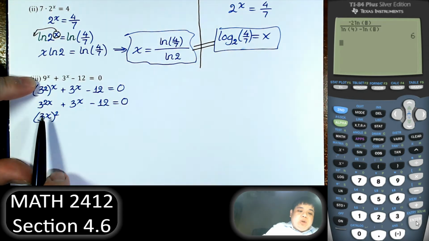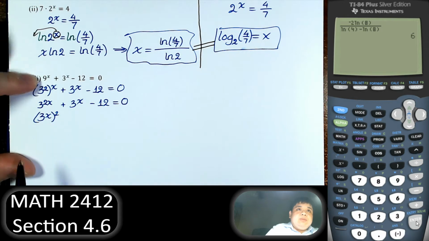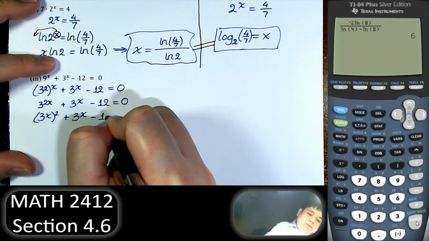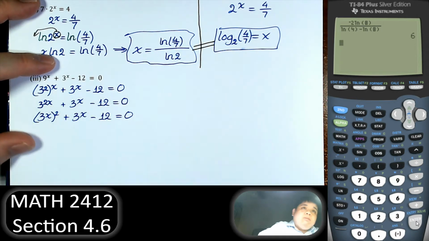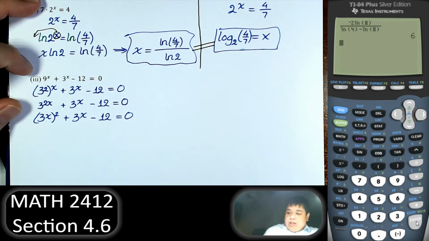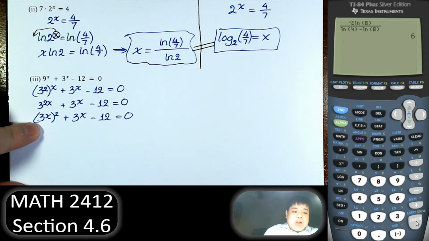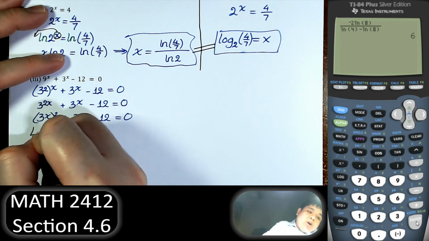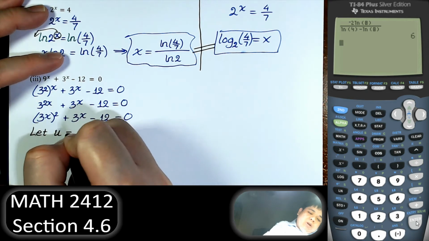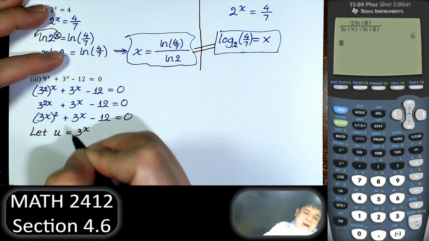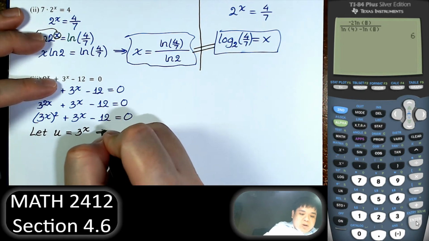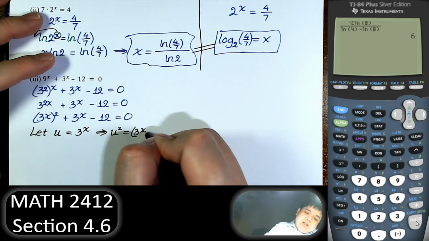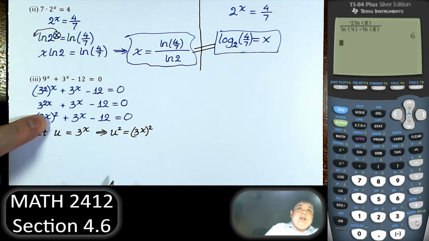Because that gives us 3^(2x). Now, if we let u equal 3^x, we have a quadratic equation. So sometimes we have to do that. Let u be 3^x. So that means u squared is equal to (3^x)^2. So we have u squared.